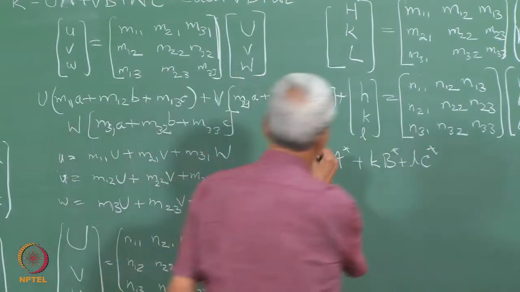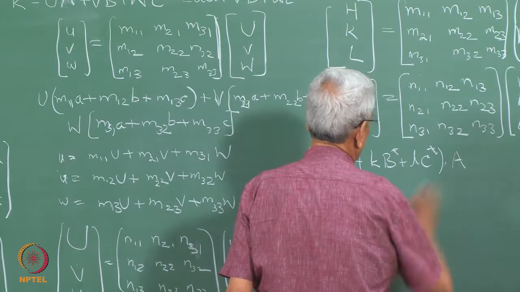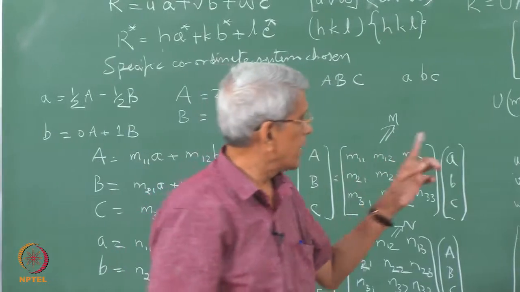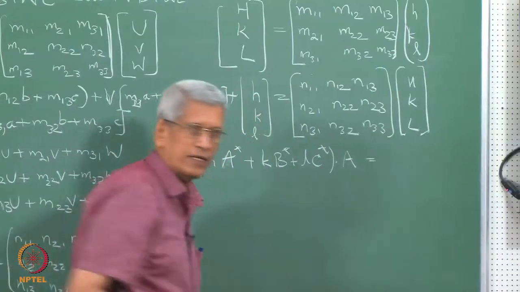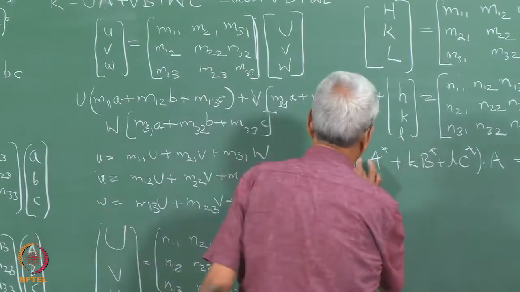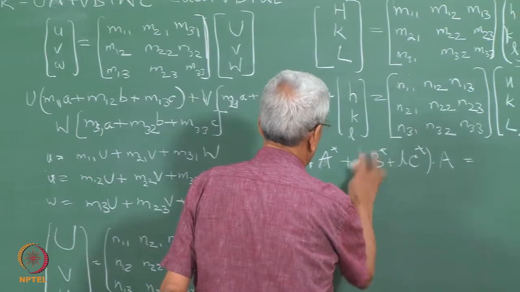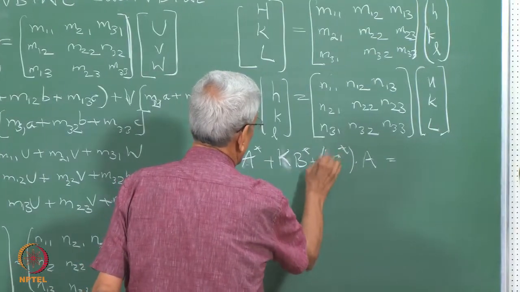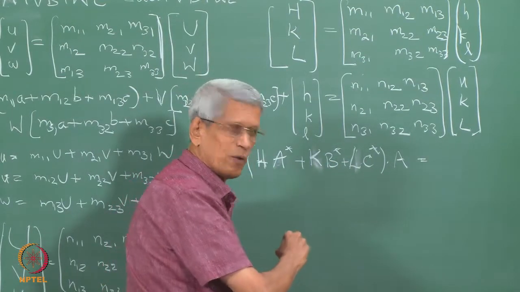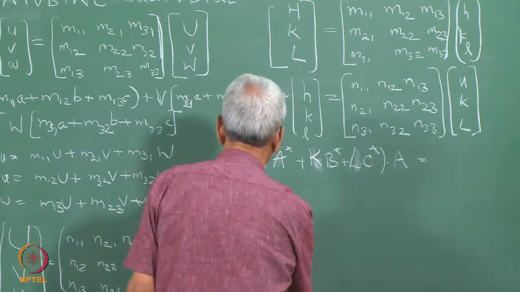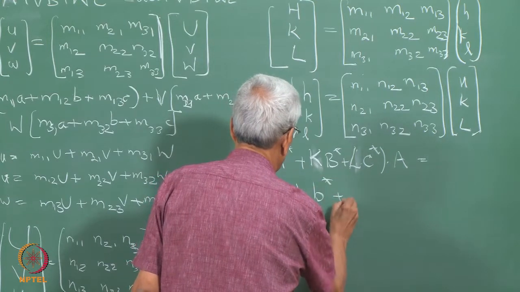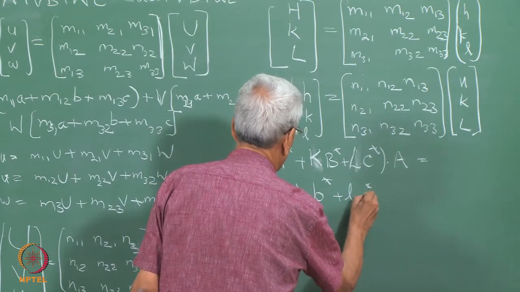If we take a dot product with respect to A, then see, this will be getting some value, correct? Sorry, this is H, this is K, the coefficients have to be L, correct? And with respect to the old lattice, the reciprocal lattice vectors will be H into A star plus K into B star plus L into C star, correct?